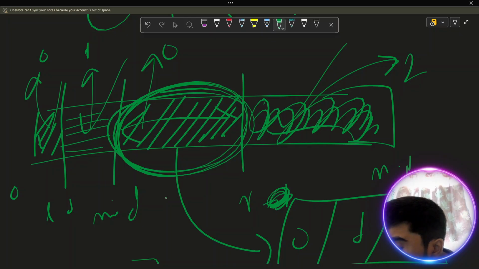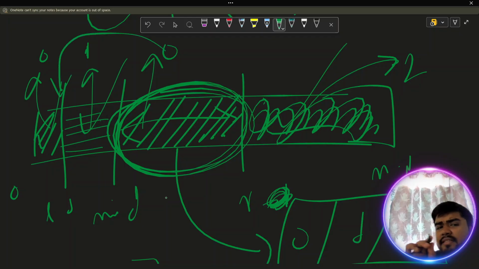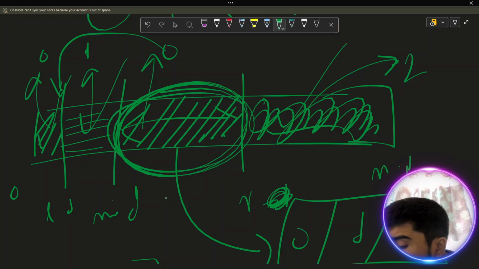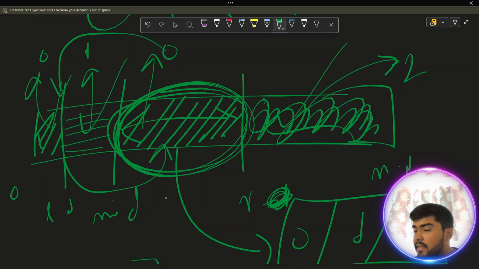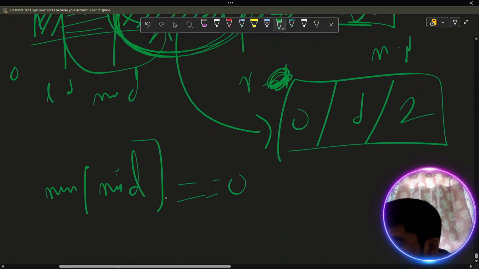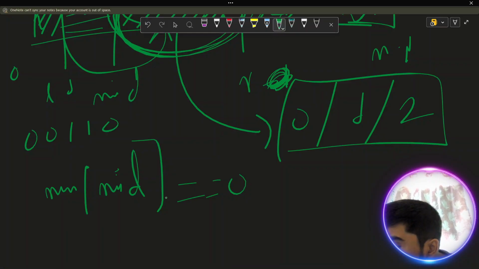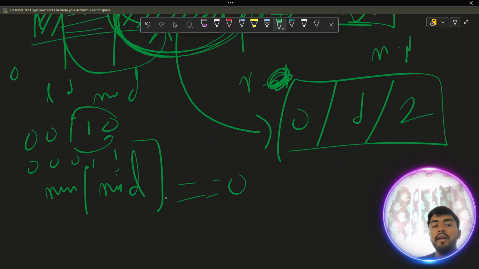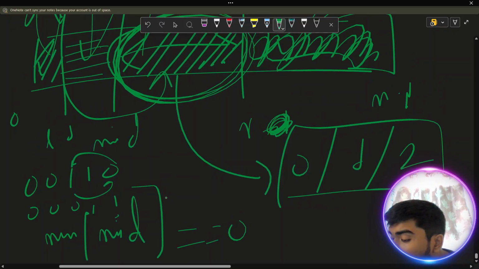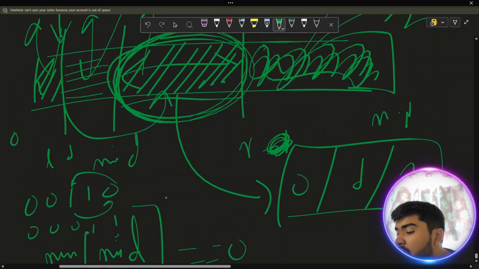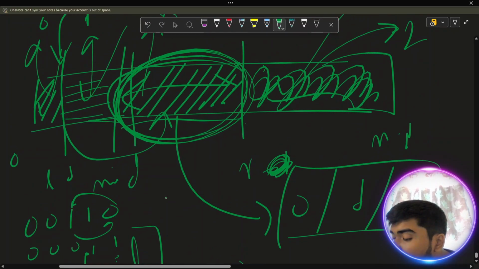So this 0 ideally has to go to the particular point where the first 1 started, and that 1 can go here. Then what is going to happen? Let's suppose we are at 0 0 1 1, and here we have encountered a 0, and if we do this switch, then it becomes 0 0 0 1 1, and we can move our mid, because this boundary is going to be shifted till mid.